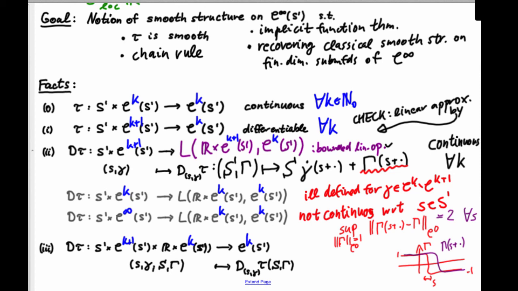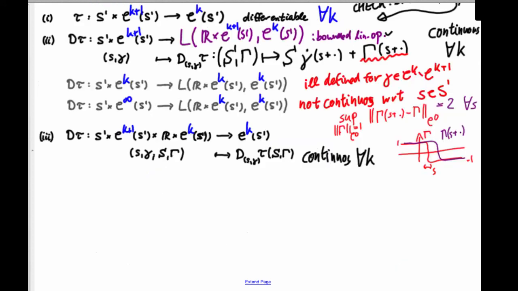So that's the good news. And the even better news is, now it looks like I have differentiability in some sense, and in some sense my differential is continuous. So maybe I have continuous differentiability.